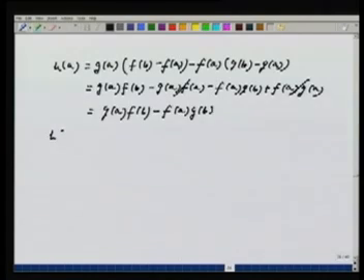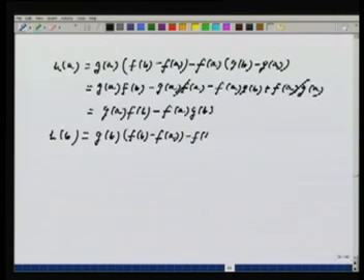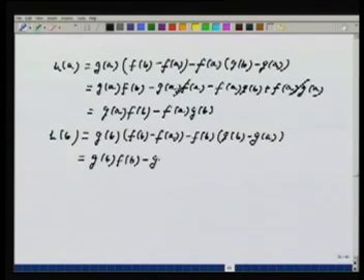Now let's look at what is h(b). That by definition is g(b) into (f(b) minus f(a)) minus f(b) into (g(b) minus g(a)). I again open it up. It is g(b)f(b) minus g(b)f(a) minus f(b)g(b) plus f(b)g(a).